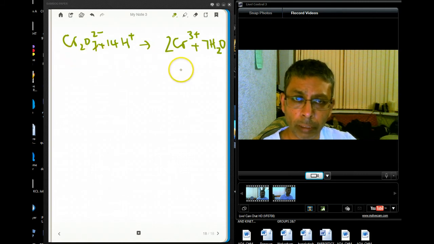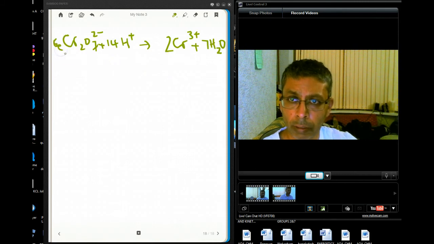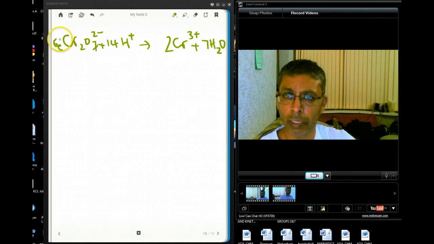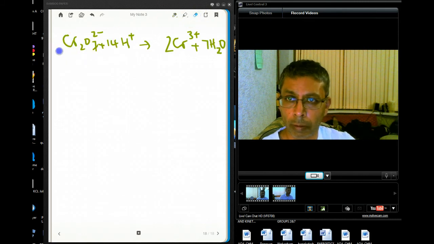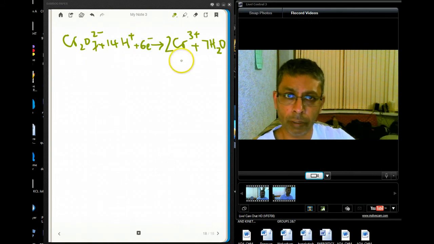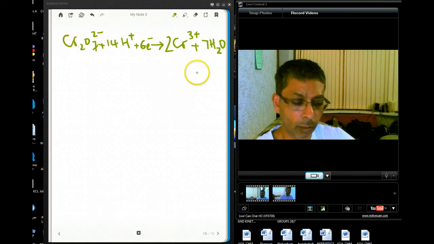Total charge is 6 plus. So 12 plus and 6 plus. I need to have 6 electrons. Just squeeze them in there, look. Okay, 6 electrons. Need to leave enough space. There we are. 6 electrons. Okay, now I've got 6 plus on the left, 6 plus on the right. That's the balanced half equation.